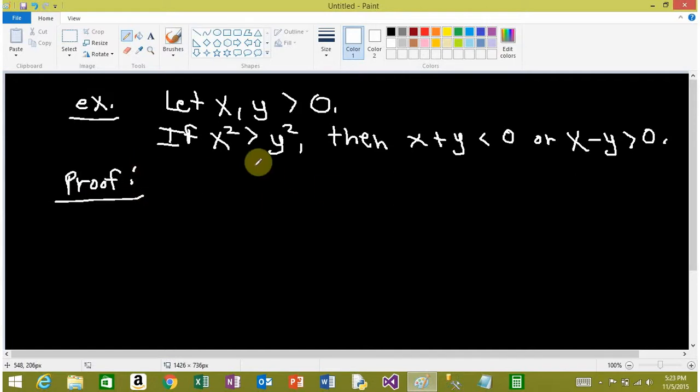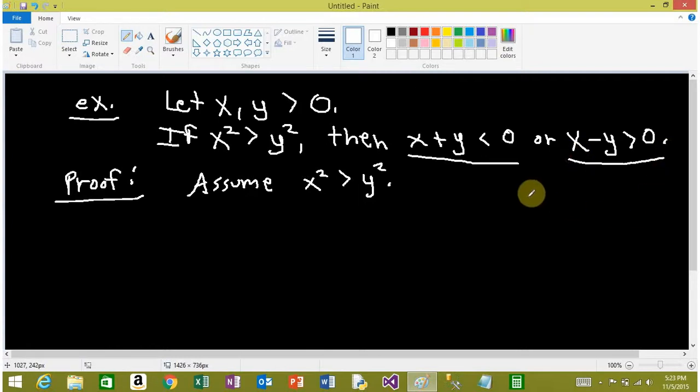So we'll start out assuming that x squared is greater than y squared. After we assume that, we need to arrive at these two cases, x plus y is less than 0 or x minus y is greater than 0.